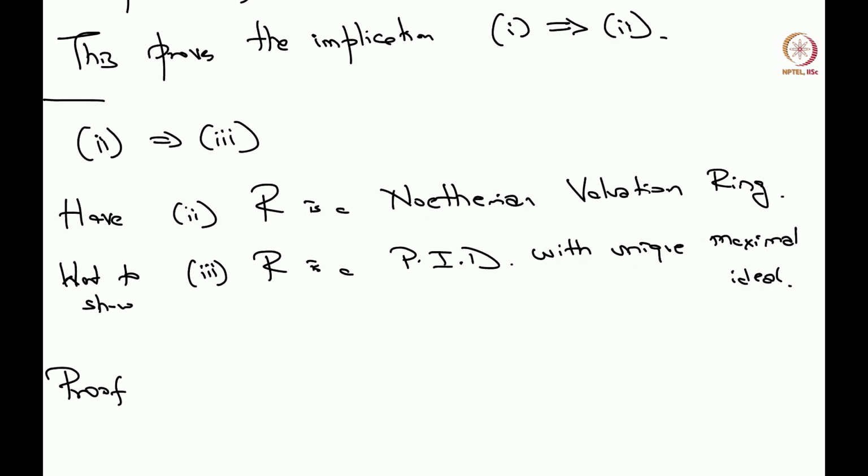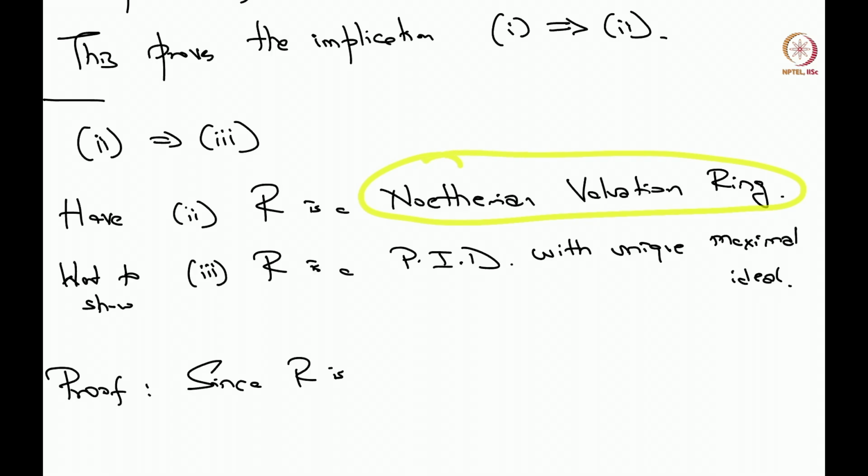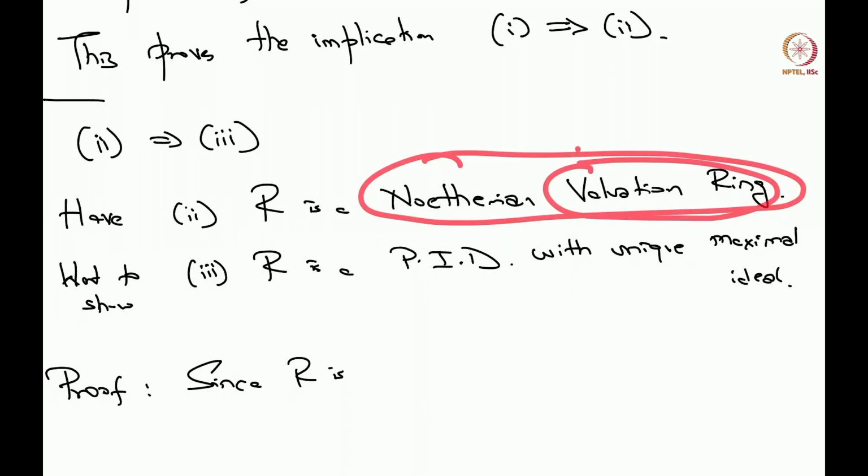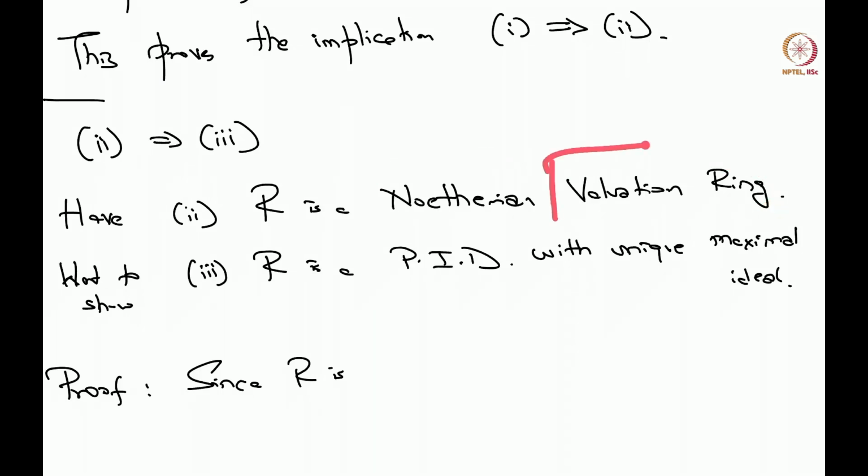Okay, and again, proof of this implication. By hypothesis R is a Noetherian valuation ring, and so in particular R is a valuation ring, and so what does that mean?